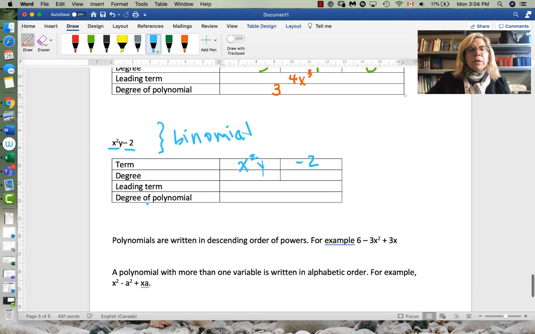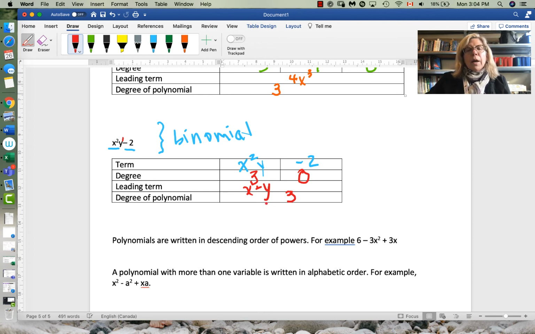And then the degree, well, in this case, because there's 2 different variables, you add the degree of both the variables, the highest variables. So the degree here is x is 2 and y is 1, so that's a 1 there. So the degree is 3. And the degree of minus 2 is 0. And the leading term, well, the leading term is x squared y. And the degree of the polynomial is 3.